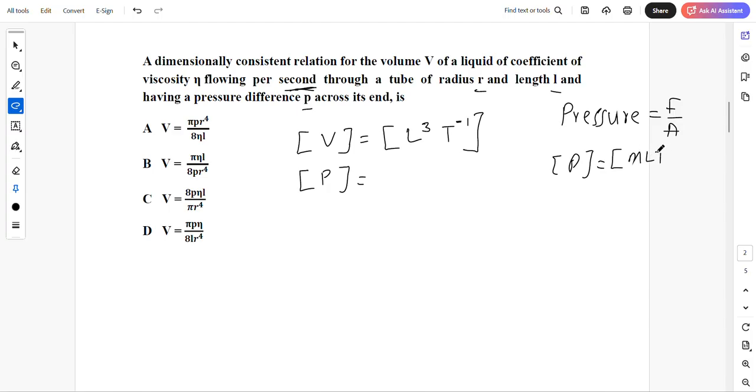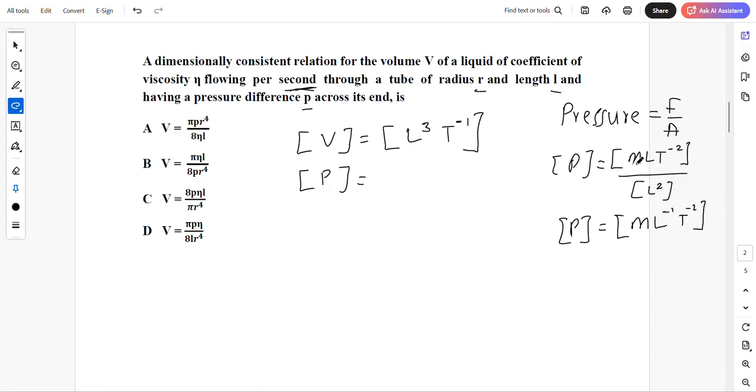Mass into acceleration, that is M L t to the power of minus 2, divided by L square. So I can write the pressure dimension as M L to the power of 1 minus 2 is minus 1, t to the power of minus 2. That is the dimension of pressure.